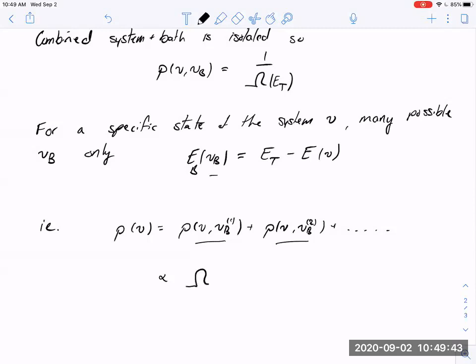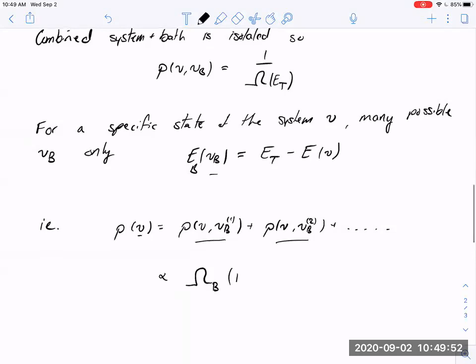Something we will denote omega b, the number of bath states consistent with the energy of that system state. We can enforce that consistency by noting that the energy of the bath needs to be equal to the total energy less the energy of the system.